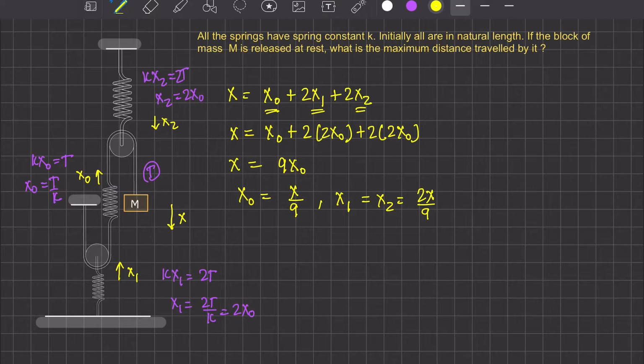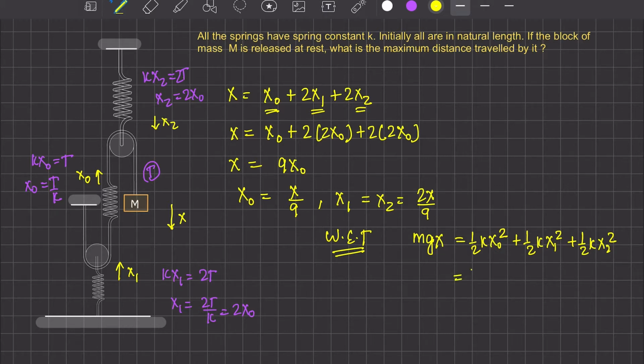Now again we will apply the work energy theorem. Applying the work energy theorem, the loss in potential energy of the block, which is mgx, equals half k x0 squared, the energy stored in all three springs, plus half k x1 squared and half k x2 squared. Taking half k common, x0 squared is x by 9 squared, which is x squared by 81.